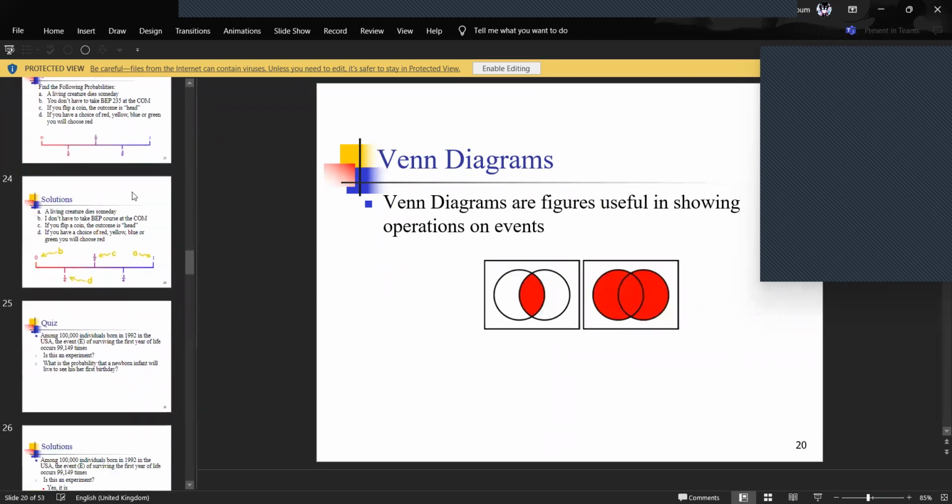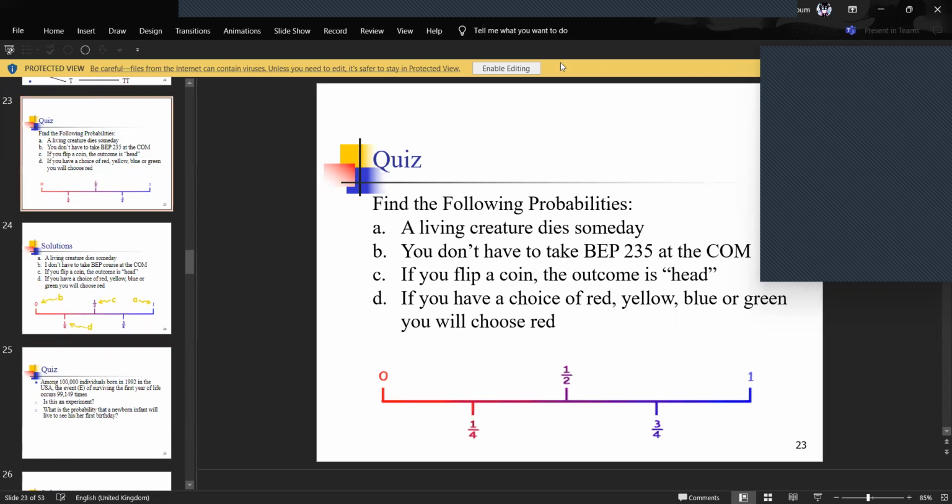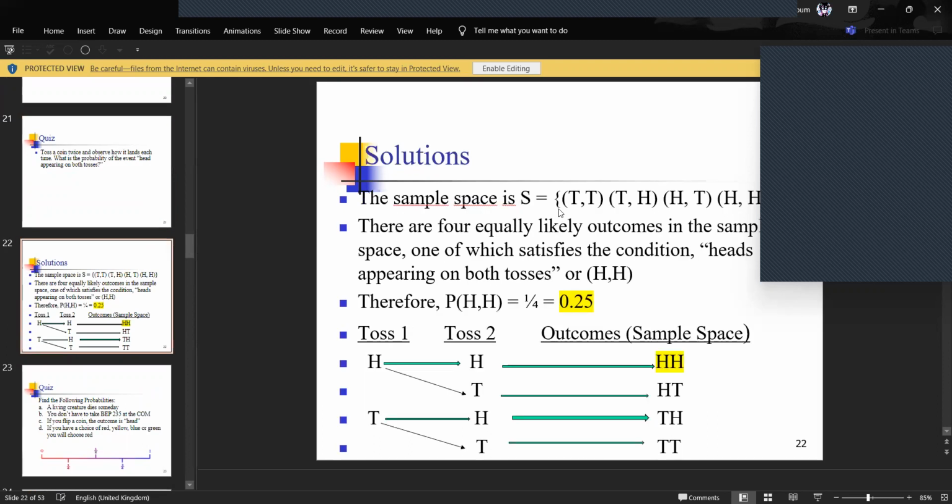Now there's a bunch of examples over here, which looks at probabilities. This one, it's looking at sample space and what is the chance that you get heads both times. So the sample space is 2 tails, tails then heads, heads then tails, and 2 heads.